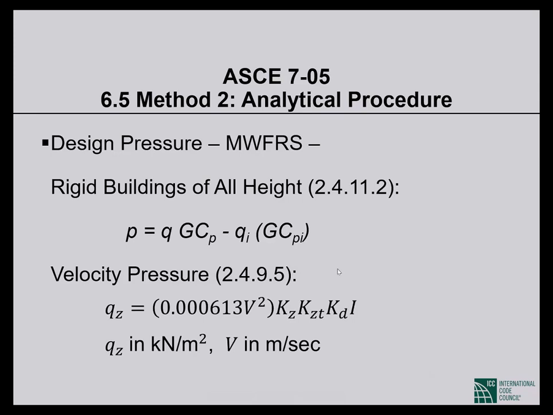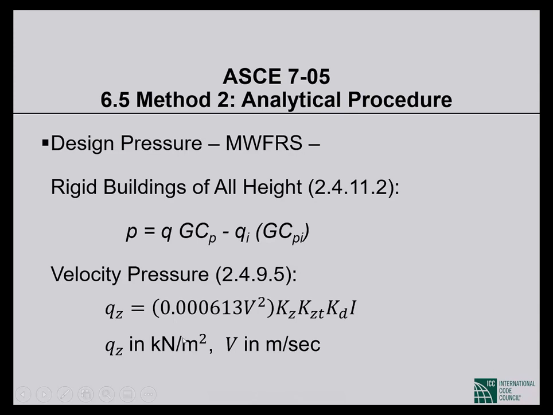We have seen this equation already. P, pressure due to wind, is external pressure minus internal pressure. External is q G C sub P, internal is q sub i G C sub Pi.